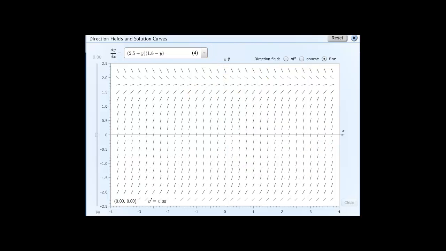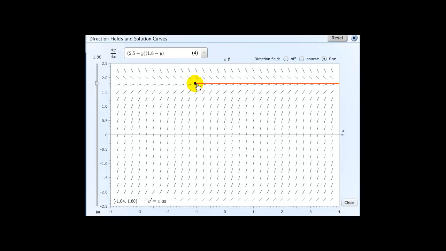Okay, let's look at another one. Can you see any equilibrium solutions in this slope field or direction field? And I can see one because maybe they don't have the 0 slopes drawn here, but we're not going to be changing from a positive slope to a negative slope without going through a 0 slope in there. So right along about here, there is a 0 slope.